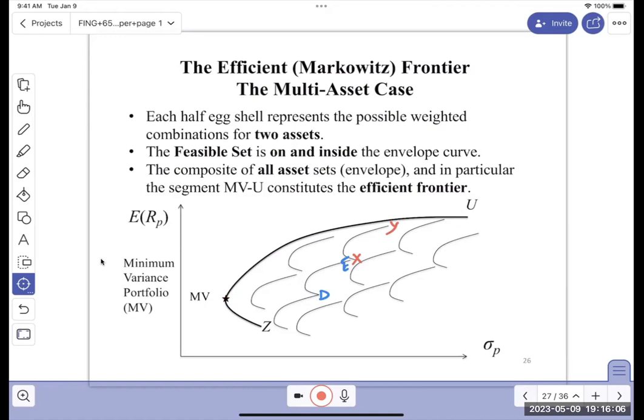So the feasible set of assets in a portfolio is all these on the outer envelope, but all those inside as well. Those are all possible.